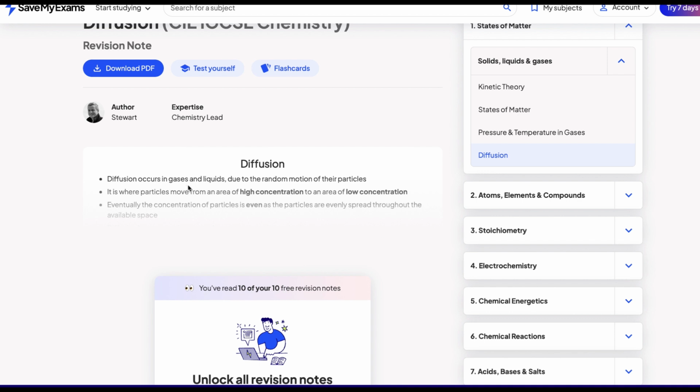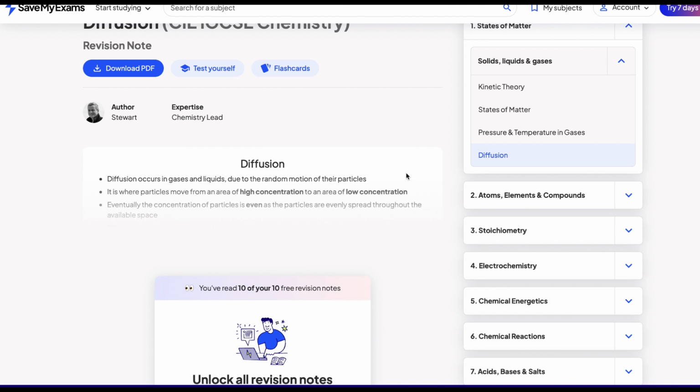So diffusion occurs in gases and liquids due to random motion of the particles, where particles move from the area of higher concentration to area of lower concentration.